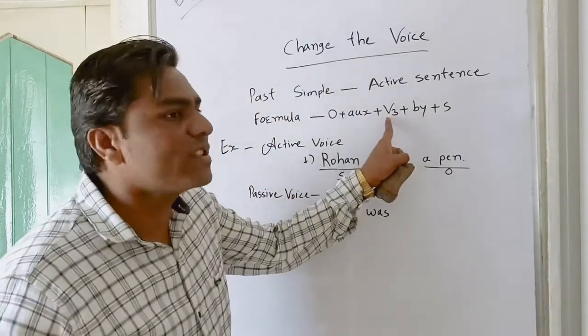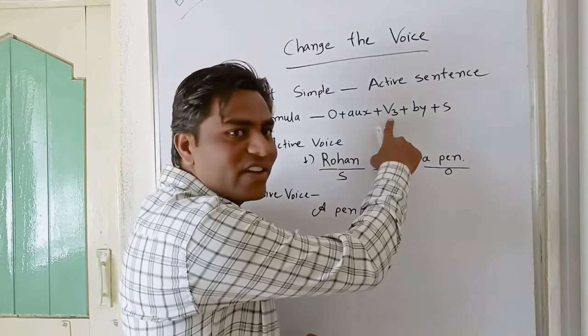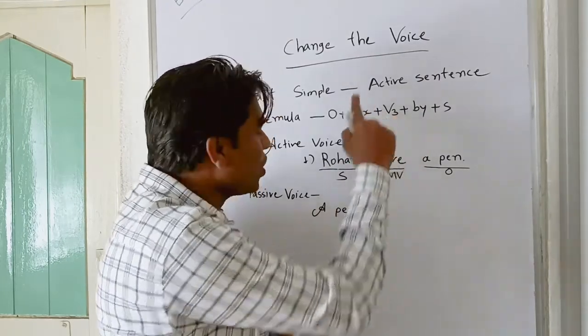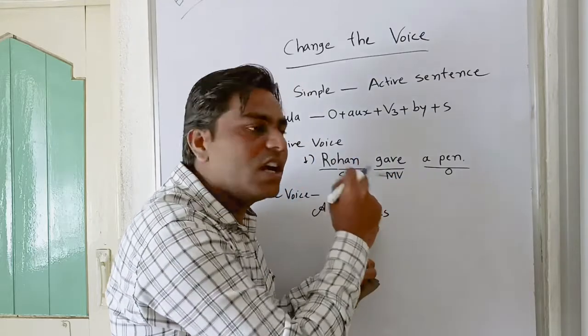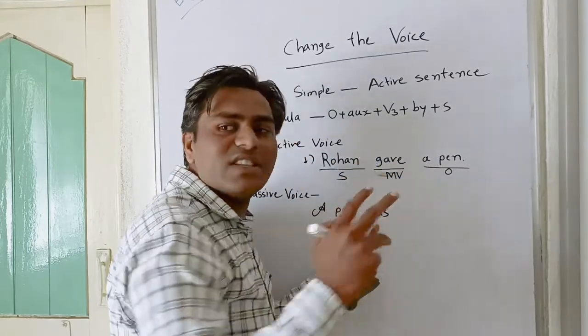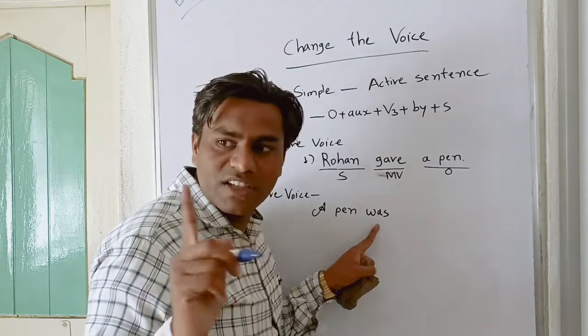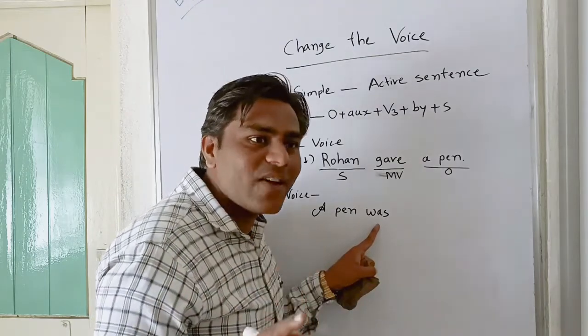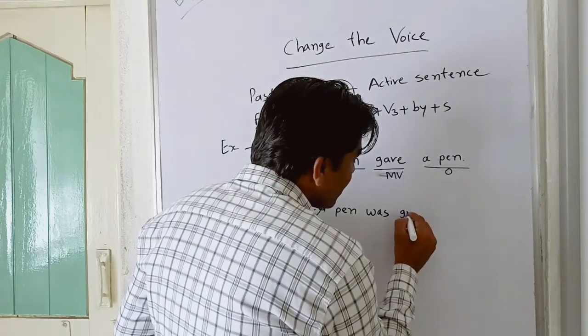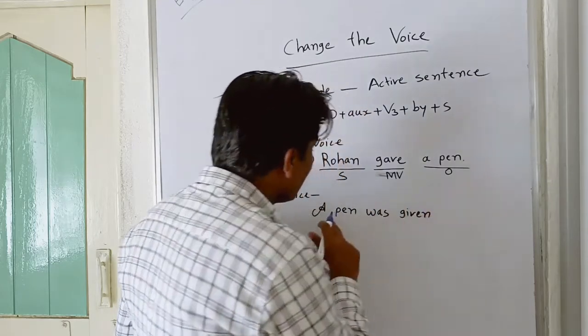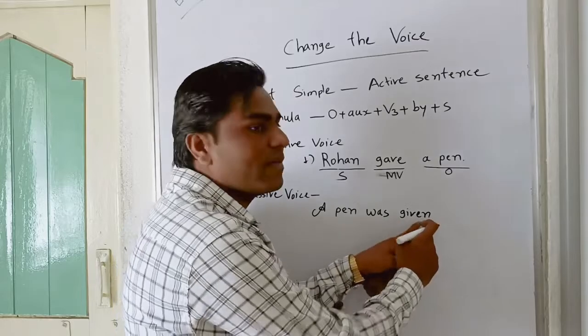Now we have to use the verb's third form, as in the formula. So I use given, because it is the third form of gave. Gave is the second form, give is the first form. Give, gave and given. So I write here given. A pen was given.